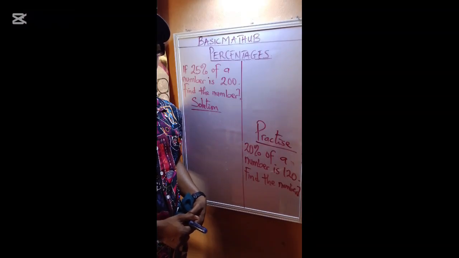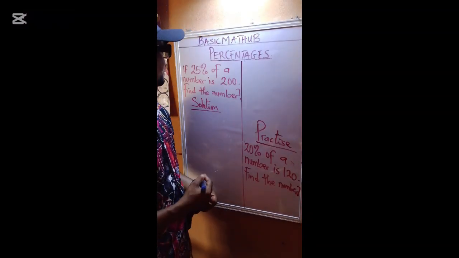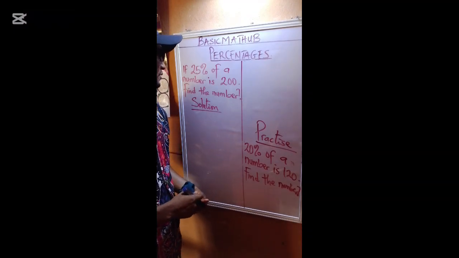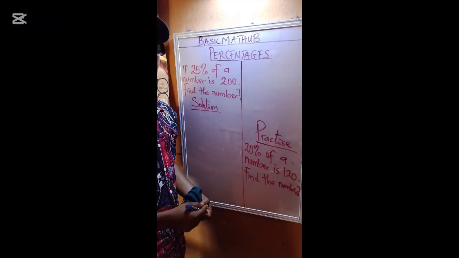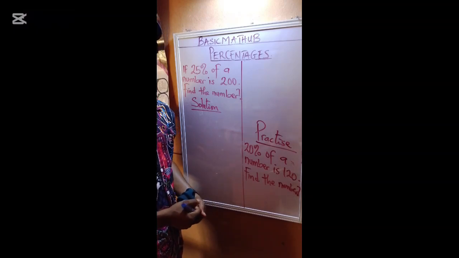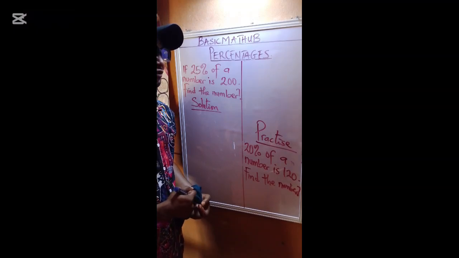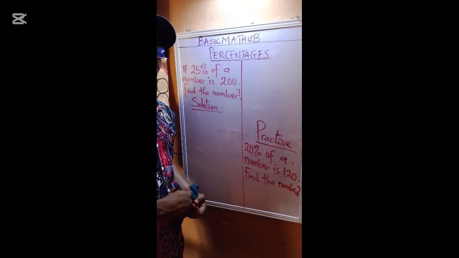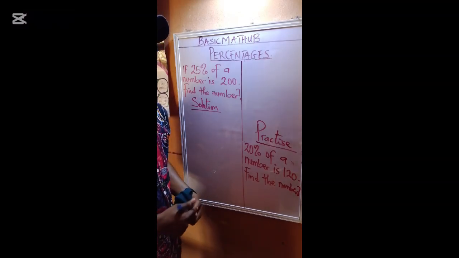So percentages, we continue. This question said, if 25% of a number is 200, we should find the number. I told you in the last episode that the original number that is given is 100%. So in this case, we are asked to look for the 100% of a particular number, where 25% is 200. So this is how we approach this.